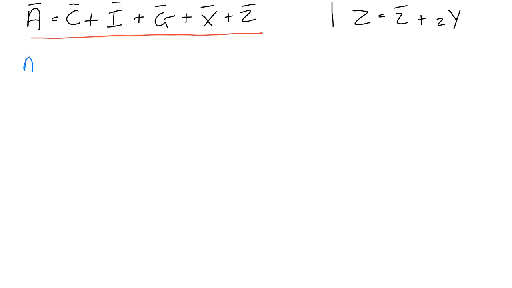Our normal A, aggregate spending, is equal to C plus I plus G plus X plus Z. Now we realize that there's a consumption function here, and that consumption function is C bar plus CY. Right, which today we've actually realized that CY is not by itself; we have your 1 minus T times Y, right?